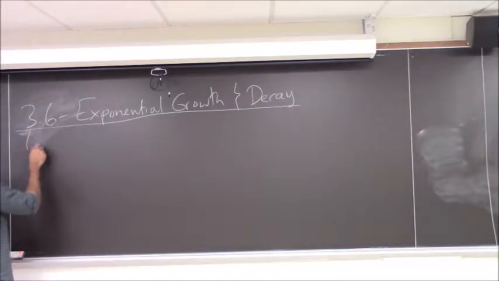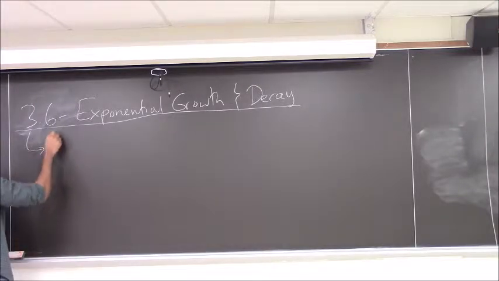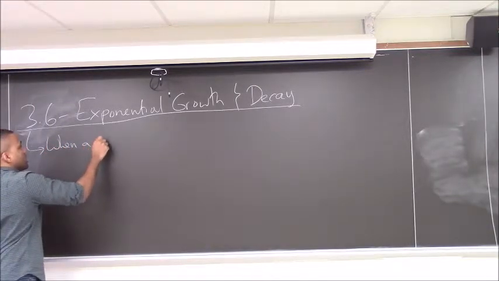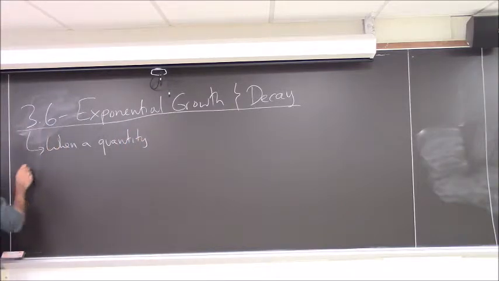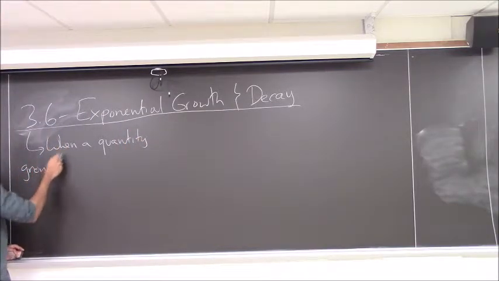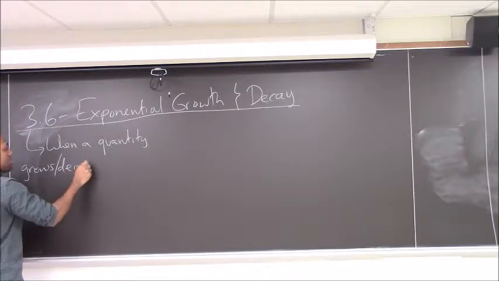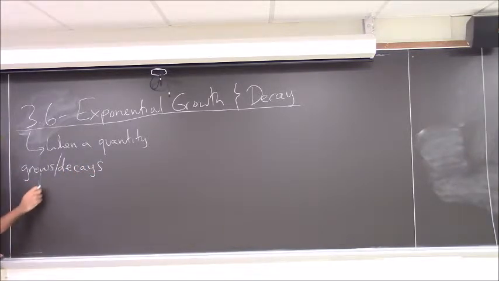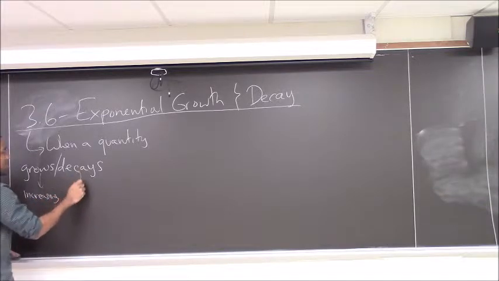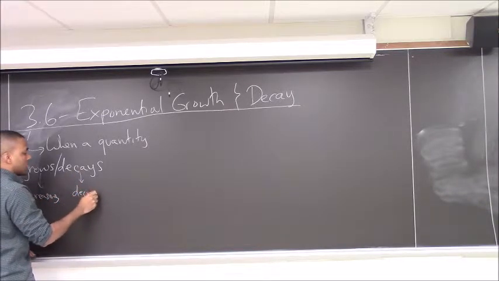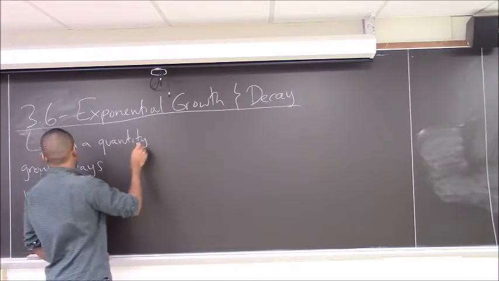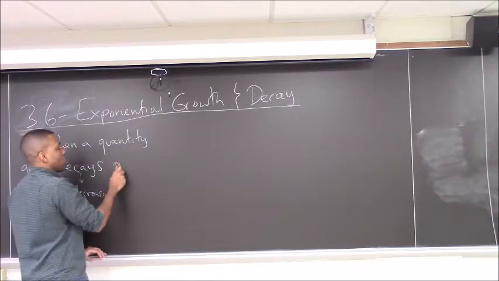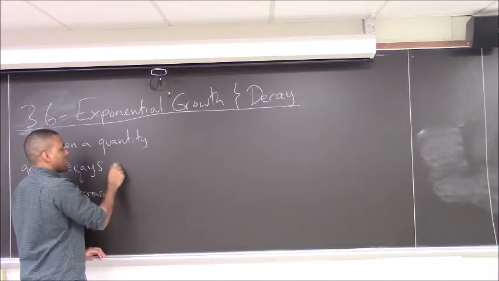Basically this happens when a quantity grows or decays. Grows implies it's increasing in size; decay implies it's decreasing in size. And it grows at a rate proportional to its current size.